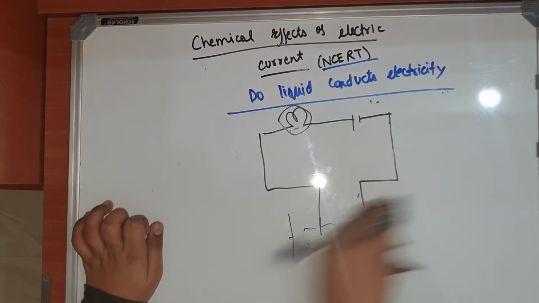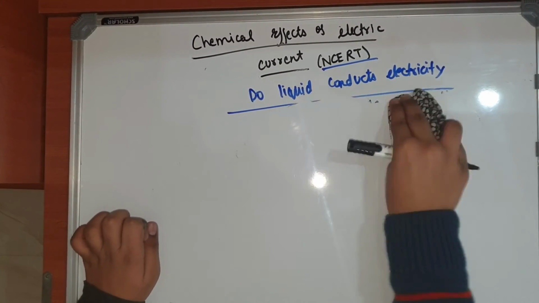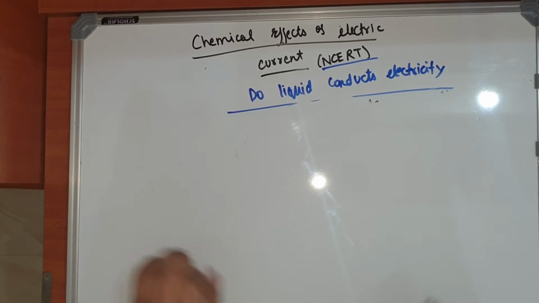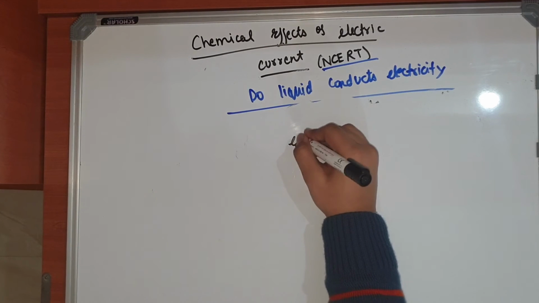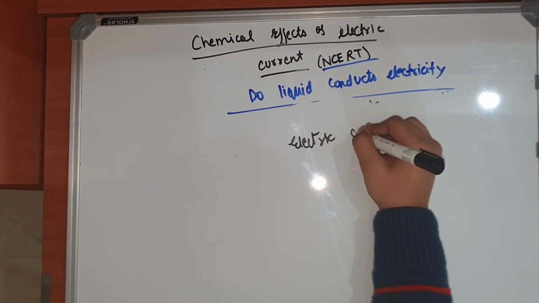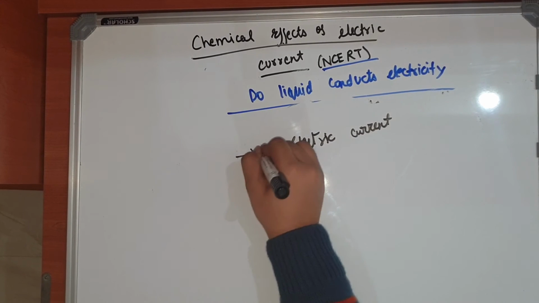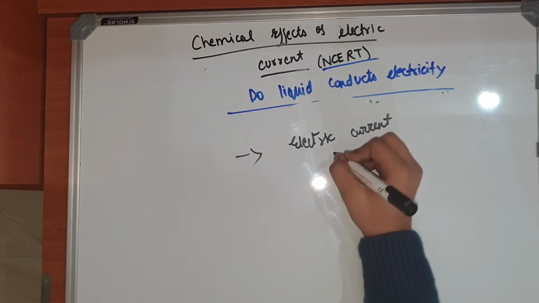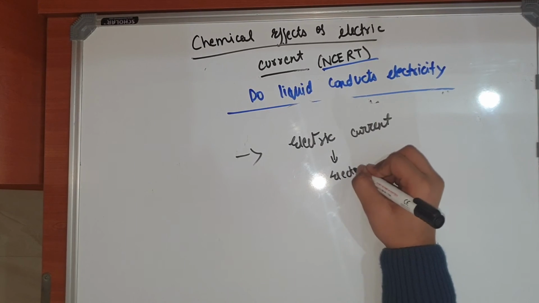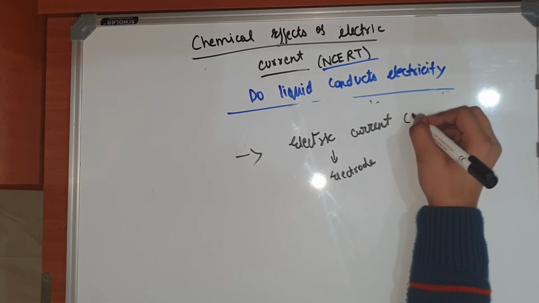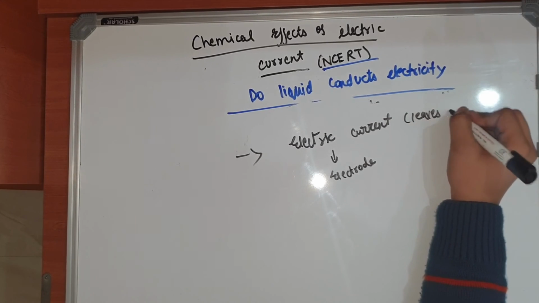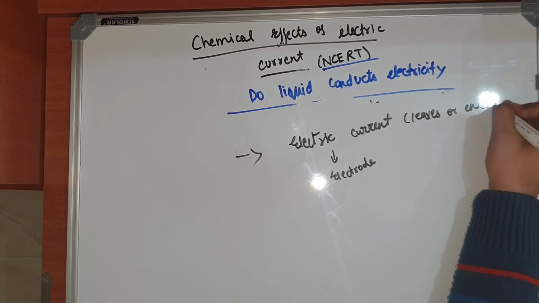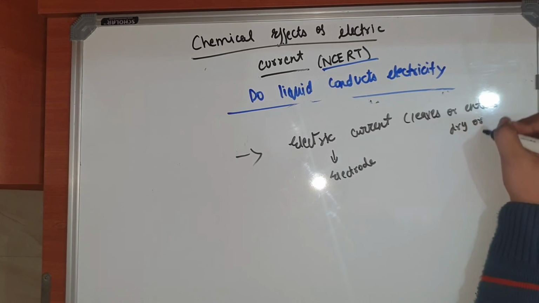So next topic is electrode. A solid electrical conductor through which electric current enters or leaves something like a dry cell or an electrolytic cell is known as an electrode.